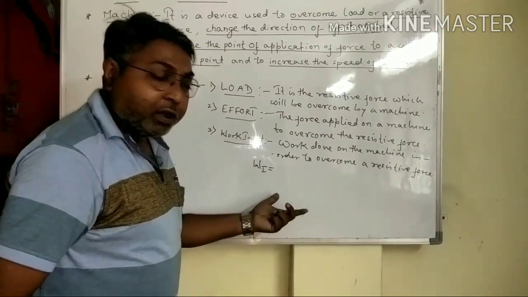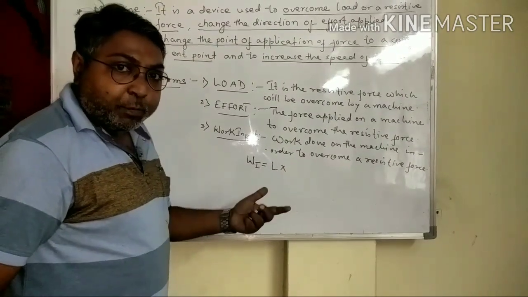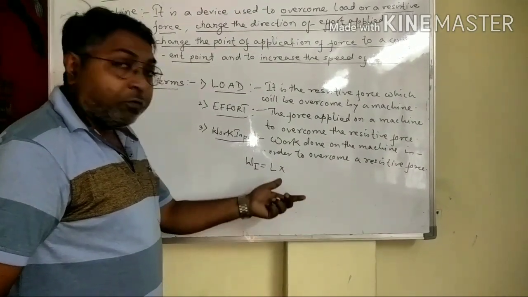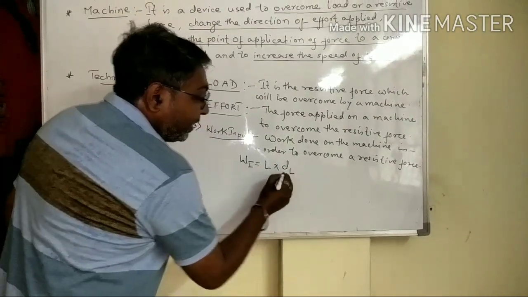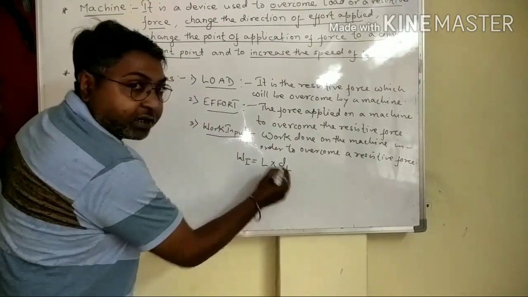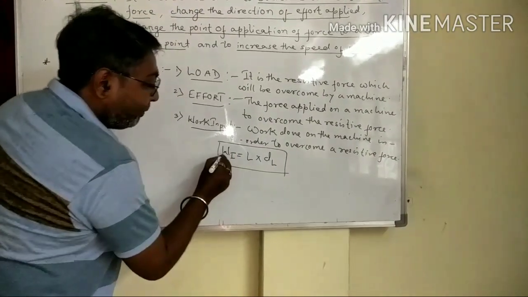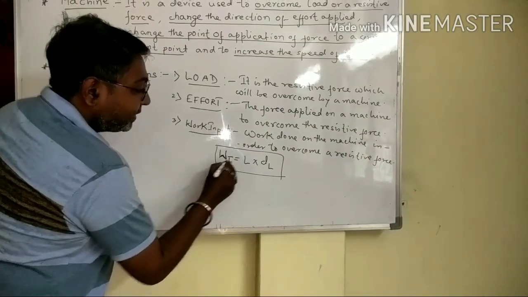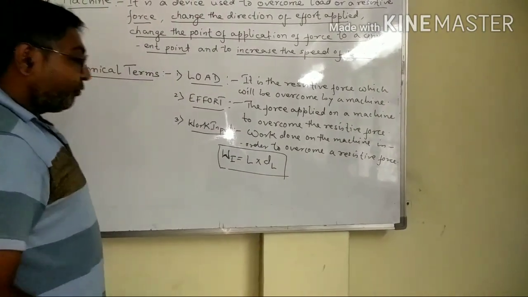What force am I overcoming? The load, capital L. And there will be displacement. Displacement is of which force? The load. So I am writing displacement of load, small letter d, suffix L. So work input, capital W suffix capital I, equals load into displacement of load.